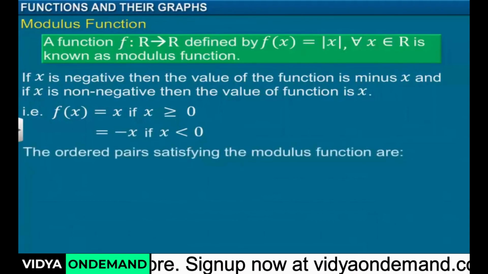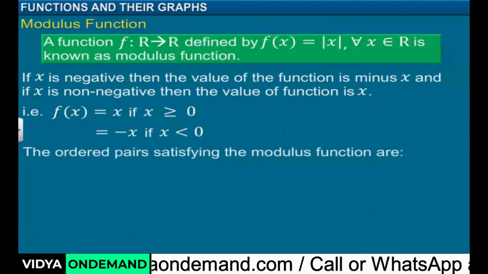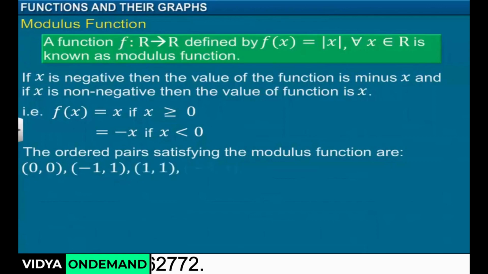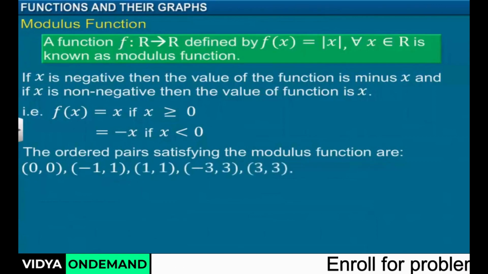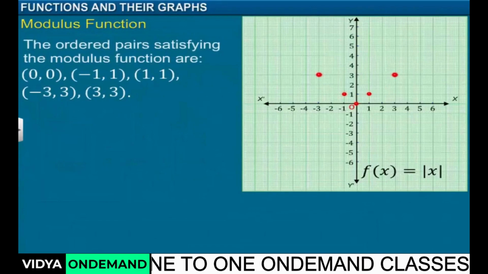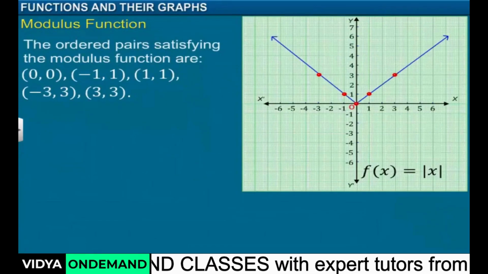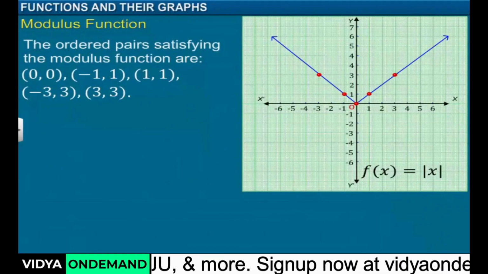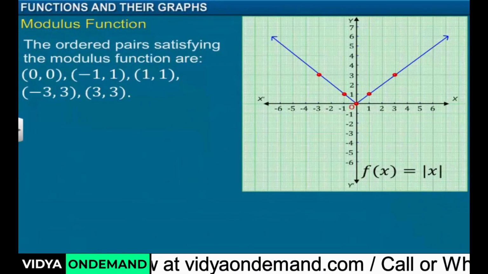Some ordered pairs satisfying the modulus function are. On plotting these points on the Cartesian plane and then joining them, we get the graph of modulus function f of x is equal to mod of x.